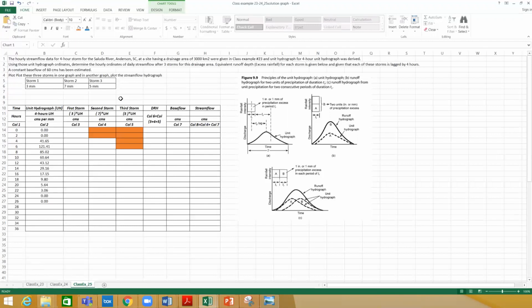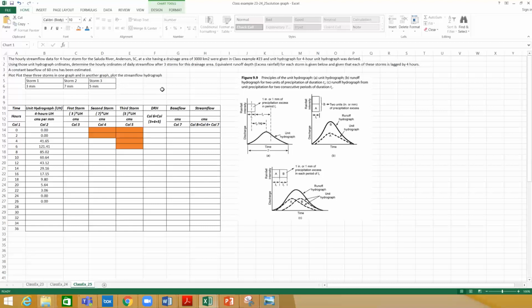And at the same time, that unit hydrograph was for 1 millimeter of runoff depth, but this time for each storm, we have 3 different runoff depths. So for this 3 kilometer square area, we have the unit hydrograph. Then on a single day, we got 3 different storms with 3 different intensities: 3 millimeter, 7 millimeter, and 5 millimeter. So the question is, after these 3 consecutive storms, what will be the streamflow?